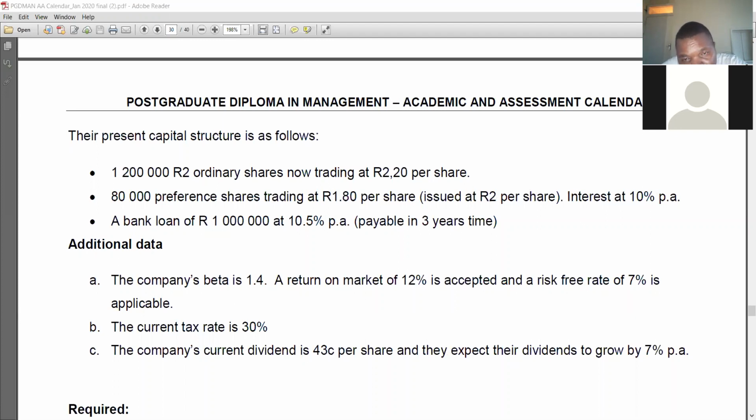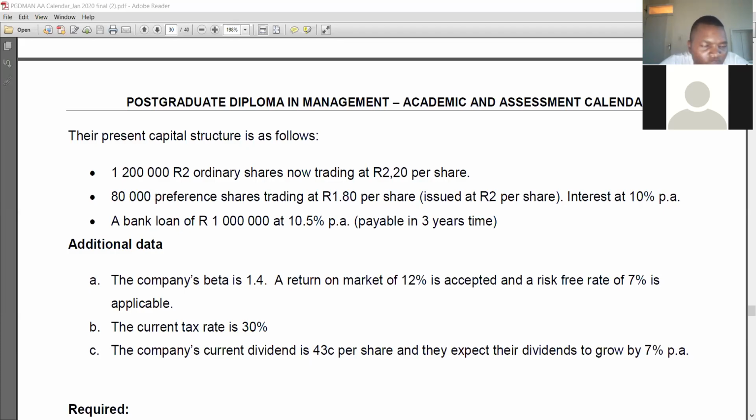There is no need of knowing this thing in depth. It's just a matter of practicing it. Okay, I think that's it when it comes to preference shares.